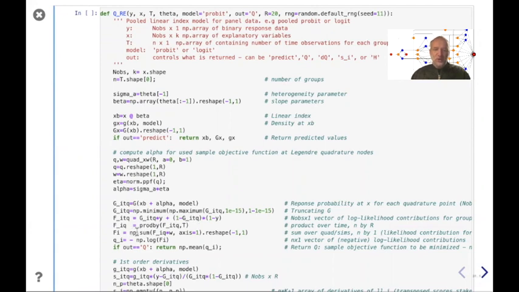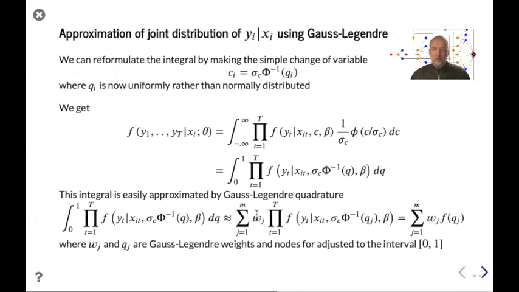And then what I'm doing here is I'm taking essentially the weighted sum over all the quadrature points. That's what's going on right here. Okay, so we're taking the weighted sum of this product that we already calculated, and then we're done. Okay. That's our estimate for the joint density. We're not entirely done because we want to do maximum likelihood.